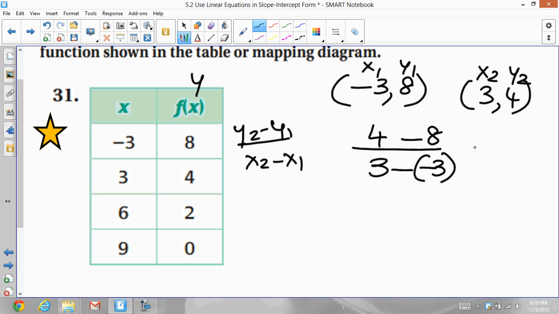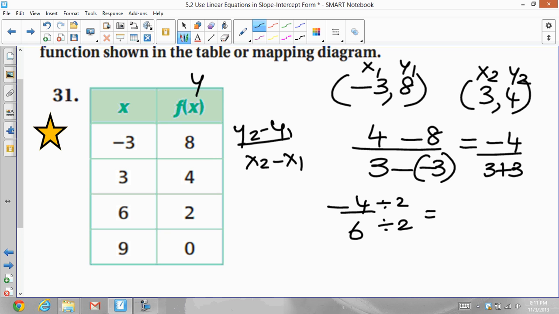Make sure that you're putting the parentheses, which is going to give you negative 4 over 3 plus 3, which is going to give you negative 4 over 6, which simplifies to negative 2 over 3. I'm going to leave it as it is because it is not a fraction that terminates. It's a repeating decimal. So I have found my slope to be negative 2 over 3.